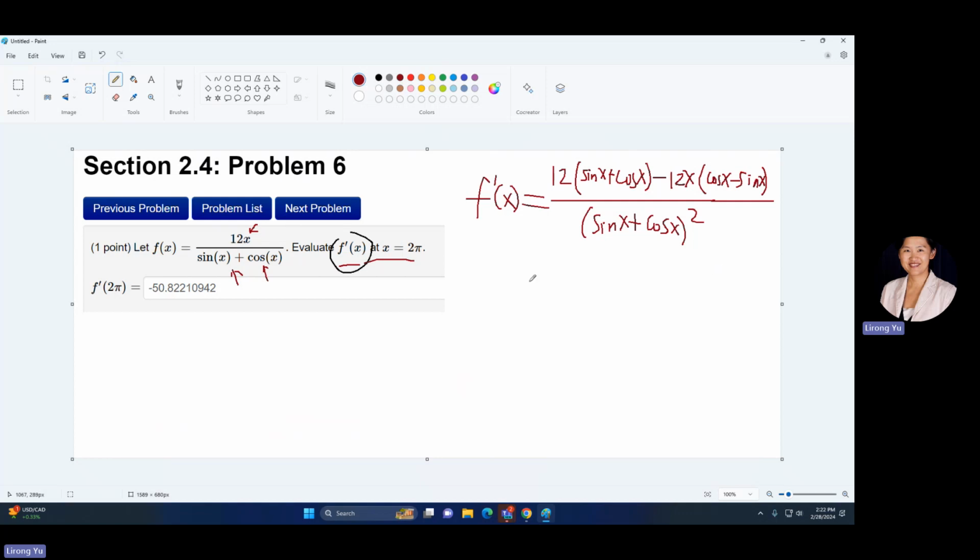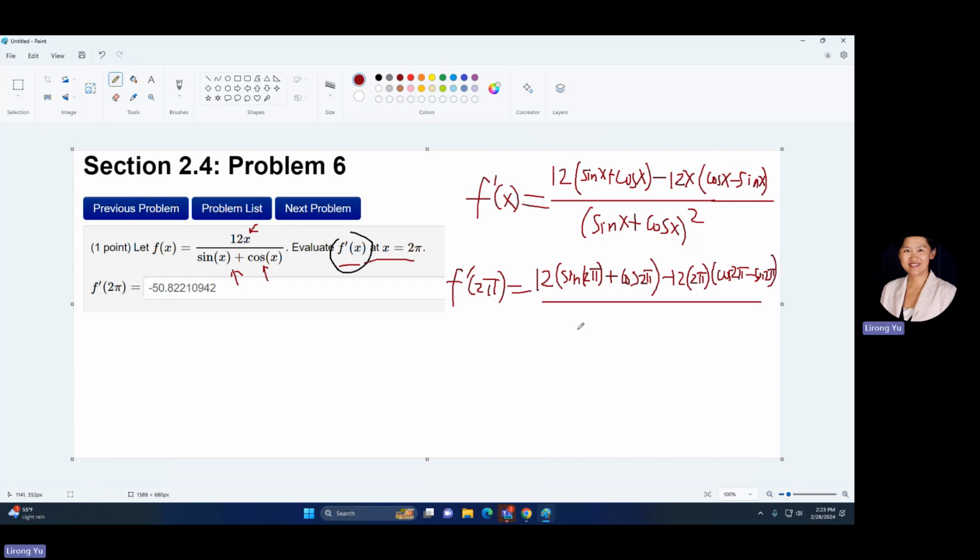And what we're going to do is plug in 2 pi. So we will have f prime of 2 pi. We are using 2 pi to replace x. So we have 12 sine 2 pi plus cosine 2 pi, minus 12 times 2 pi, and then cosine 2 pi minus sine 2 pi.